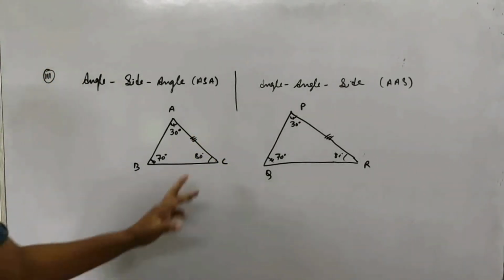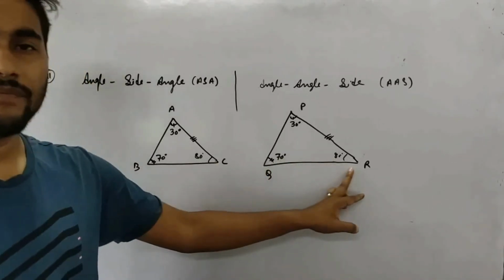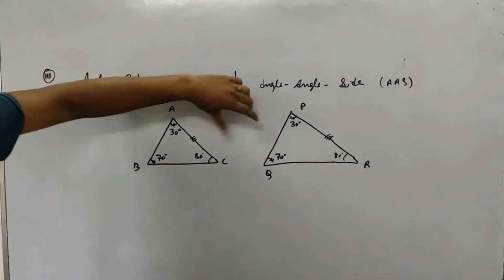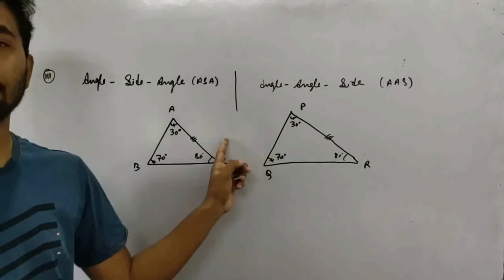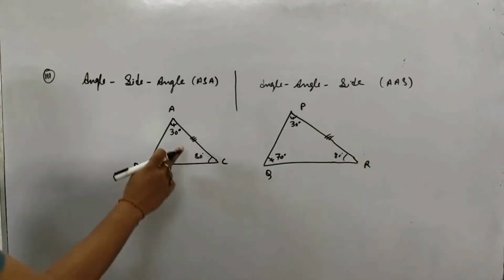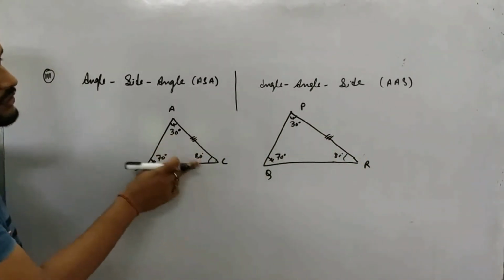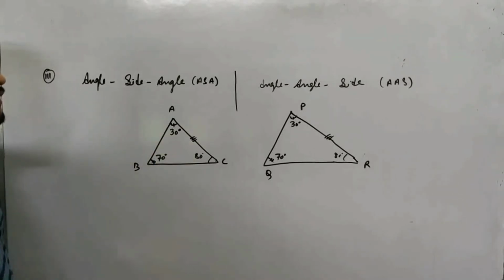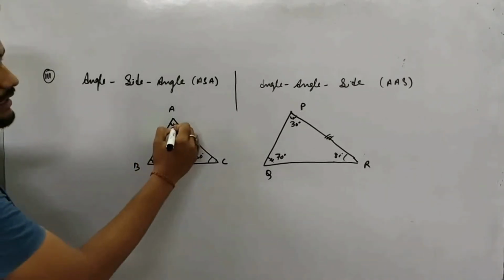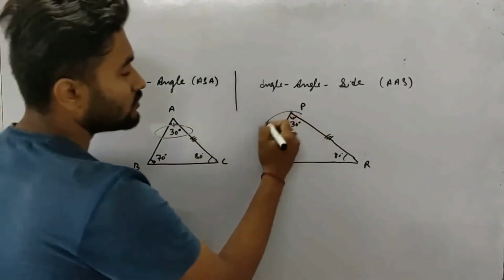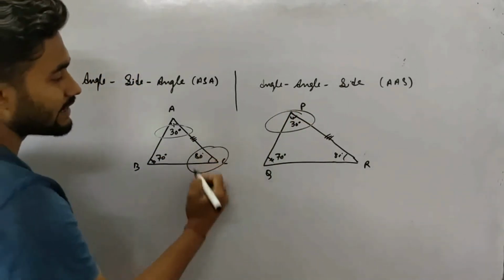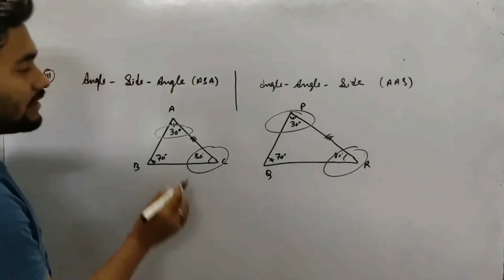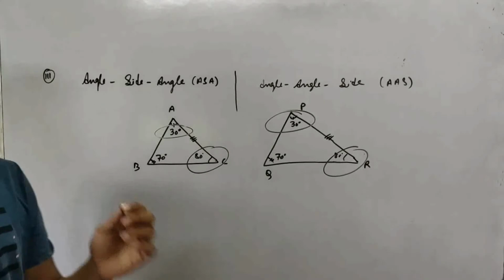Now you see, if the third angle is also equal, then look at this side. This was the side which was creating the problem, isn't it? This side is between these two angles, 30 degree and 80 degree. Now I can say that this angle is equal to this angle and this angle is equal to this angle, and this side is between the two angles.